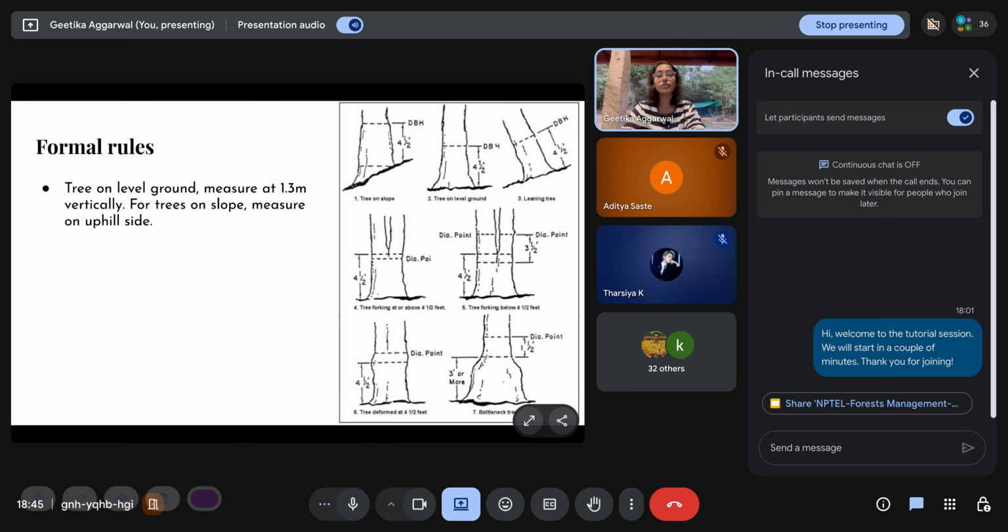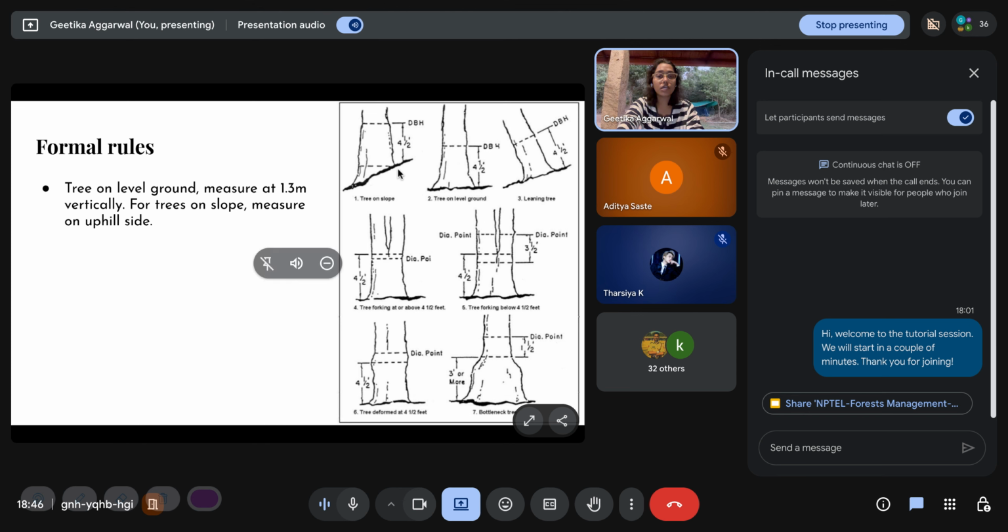A very simple explanation would be that if you measure it from downhill, it's going to give you a wrong estimate of the diameter, a thicker DBH, because the point is lower from here. If you measure 1.3 meters, it's going to be lower than the 1.3 meters you measure from uphill. Uphill is where it touches the ground sooner, and after that it can get even thicker, because this is where it starts to root.